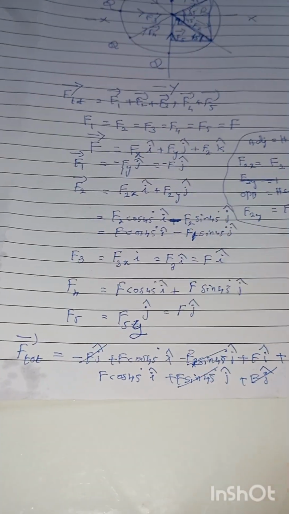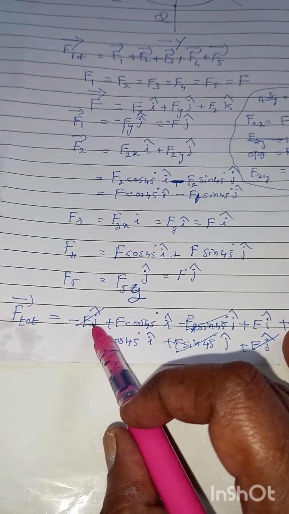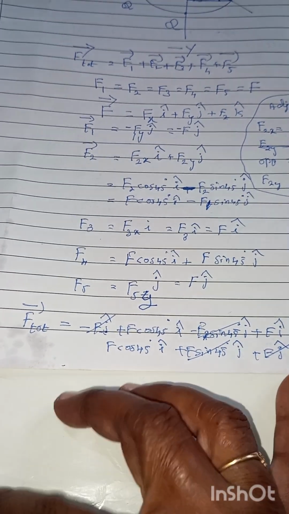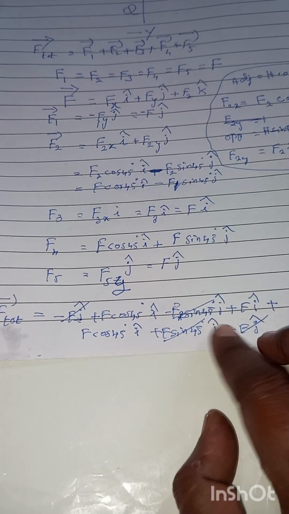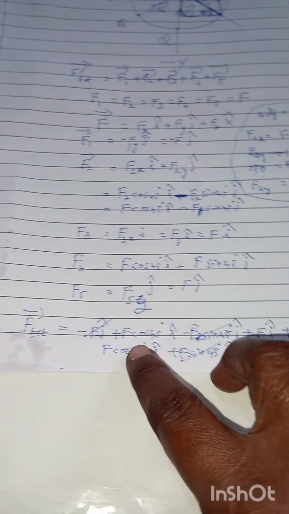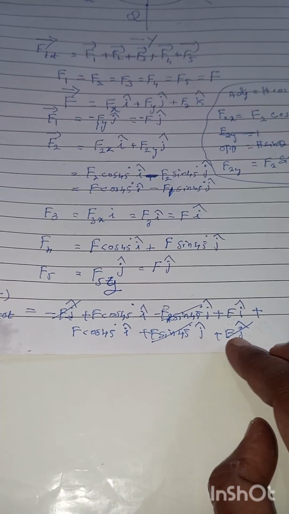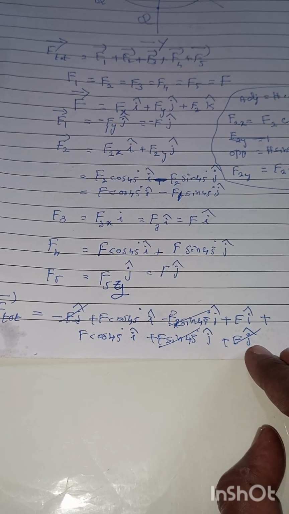Now substituting the values of F1 vector, F2 vector, etc. in F total vector, we get: the value of F1 is minus F j, and F2 vector is F cos 45 into i cap minus F sin 45 into j cap, and F3 is F into i cap, and F4 is F cos 45 i cap plus F sin 45 j cap, and this is F5, that is F into j.